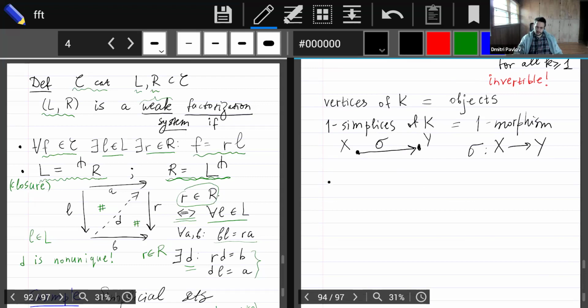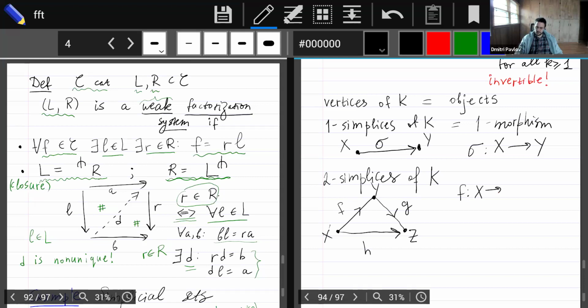What about two-simplices? Here is a two-simplex, with vertices x, y, z. As we just discovered, one-simplices should be interpreted as morphisms f, g, h. So f will be a morphism from x to y, g will be a morphism from y to z, and h will be a morphism from x to z.